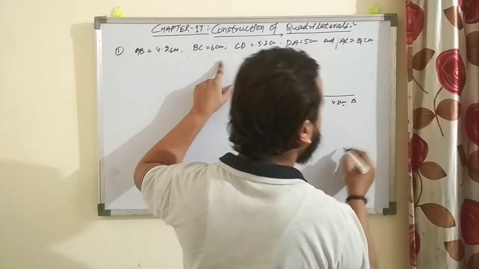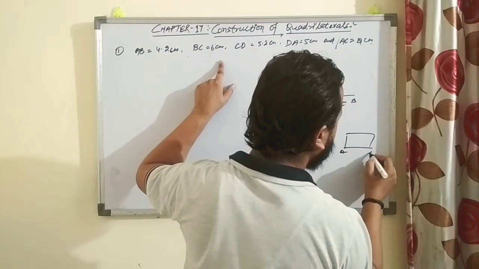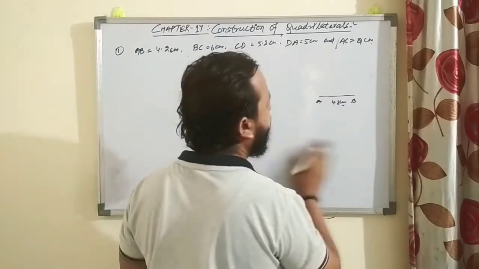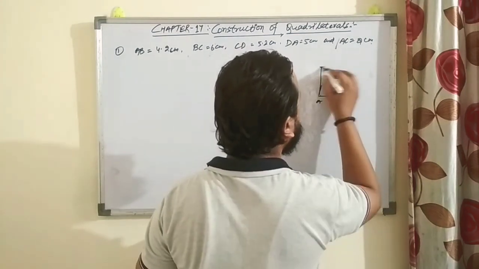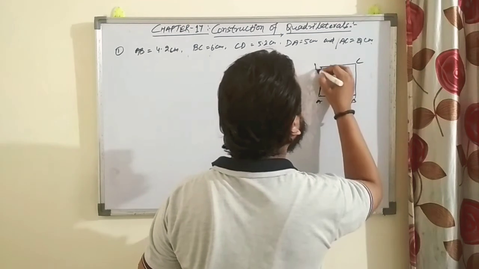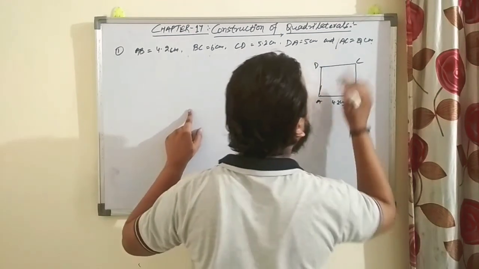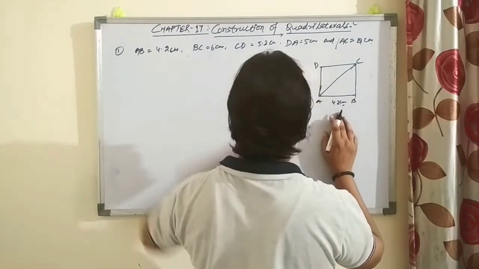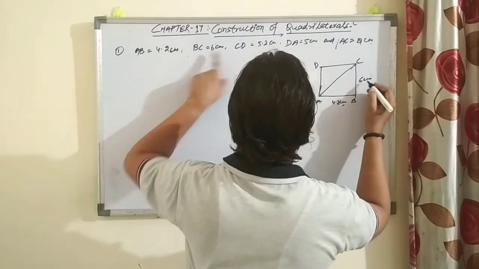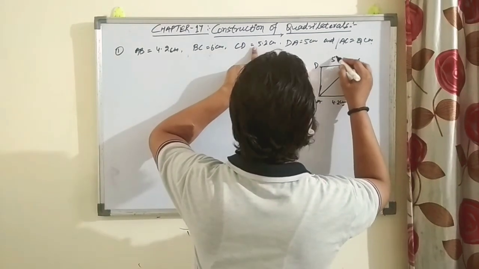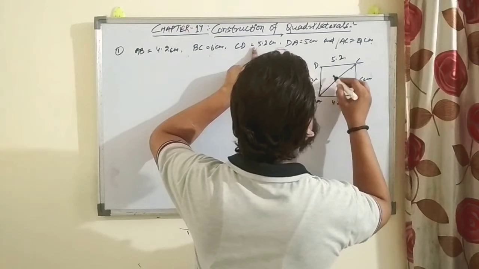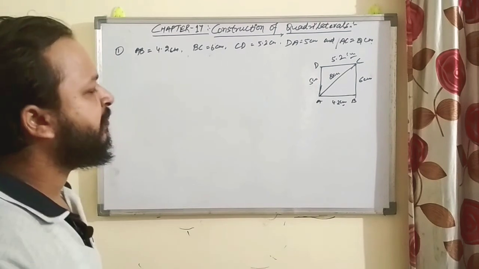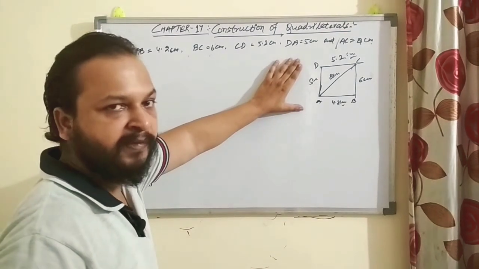Then BC, and the diagonal AC is given. So AB is 4.2 centimeter, BC is 6 centimeters, CD is 5.2 centimeter, this is 5 centimeter and this is 8 centimeter, right? So this is the rough diagram.